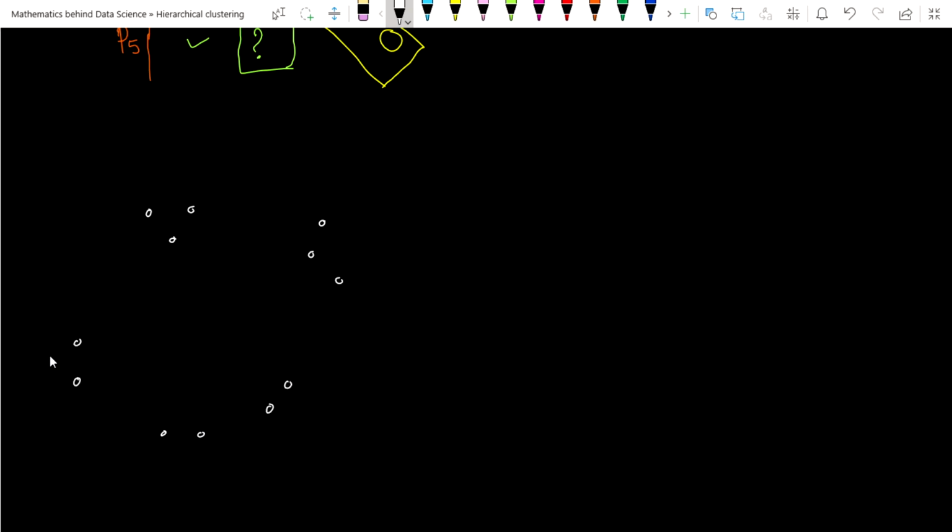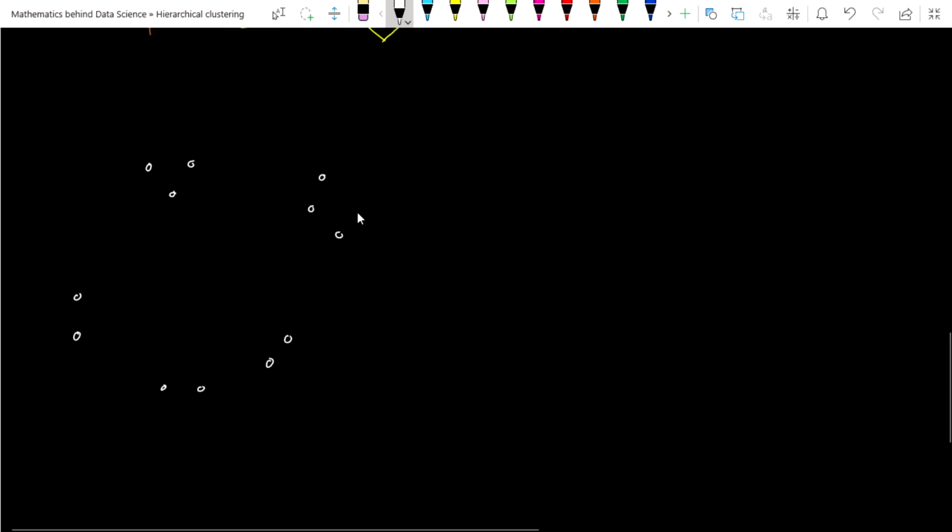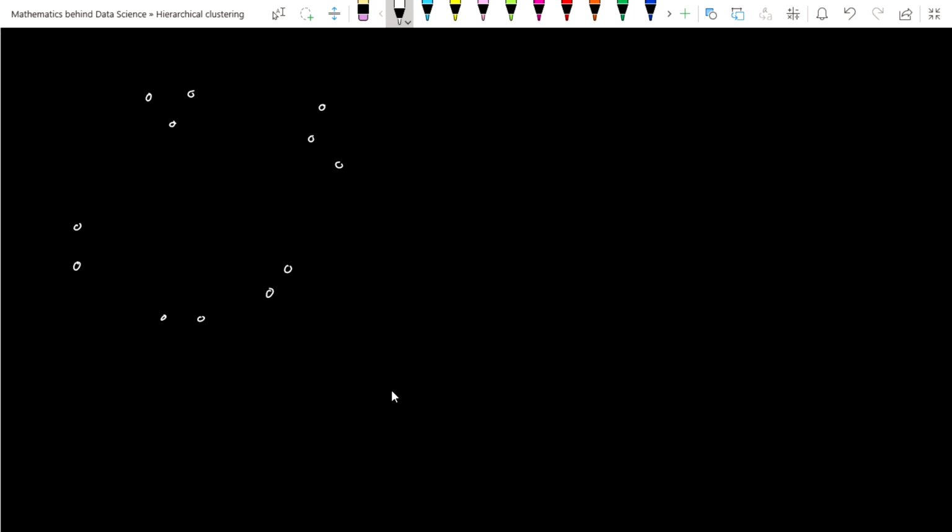Initially, how many points do we have? 1, 2, 3, 4, 5, 6, ... 12, a total of 12 points. So initially the number of clusters is 12.